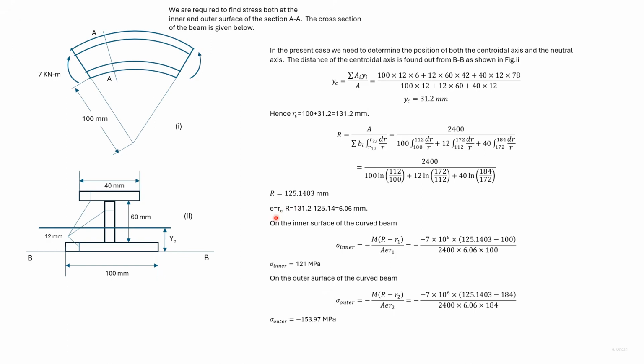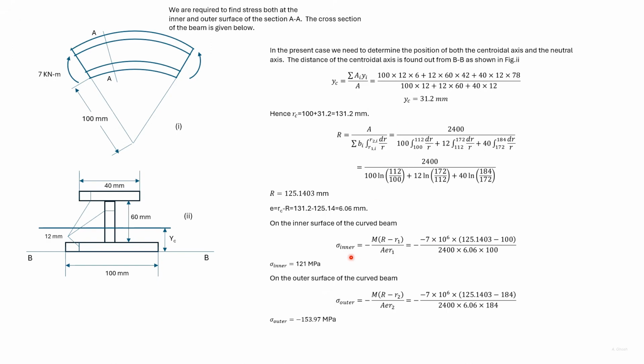e is RC minus R, and we obtain the value for e. We next find the stresses using this expression. Here the moment reduces the curvature and as such is negative.